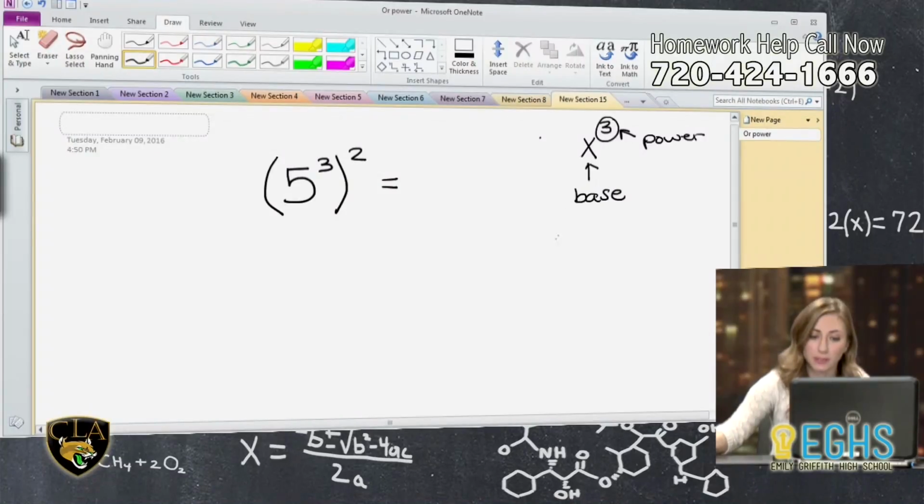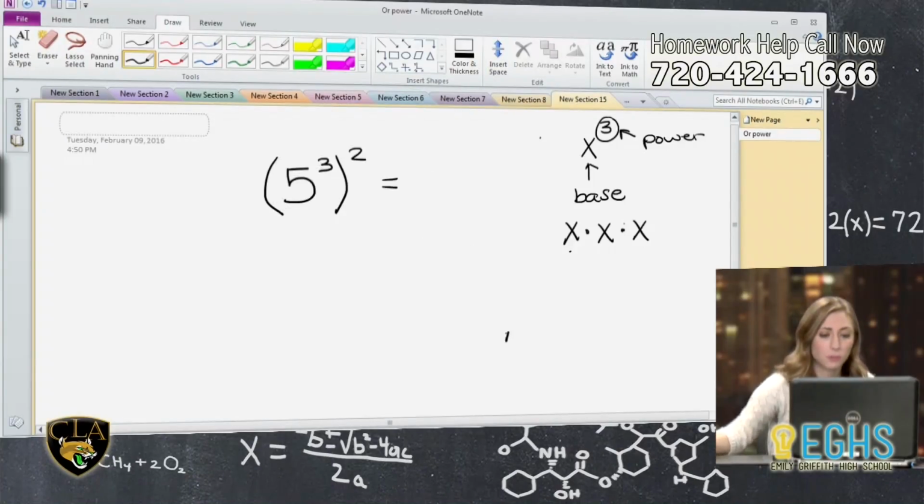What a power means is how many times we're repeatedly multiplying the base together. So x to the 3rd power means the same thing as x times x times x. And if x were a number, we could actually multiply them together to evaluate, is what Nathan was saying.